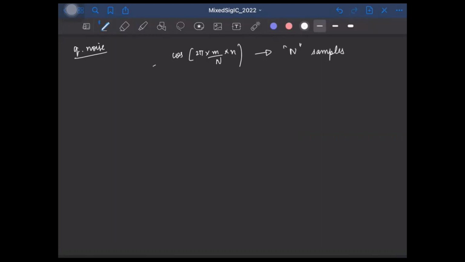Because we are feeding such a periodic signal, even the quantization noise will also be periodic with the same period, right? So within this window of a total of, say, n samples, from 0 to n minus 1, you might have some quantization noise, something like this. I'm just drawing a rough sketch, right?